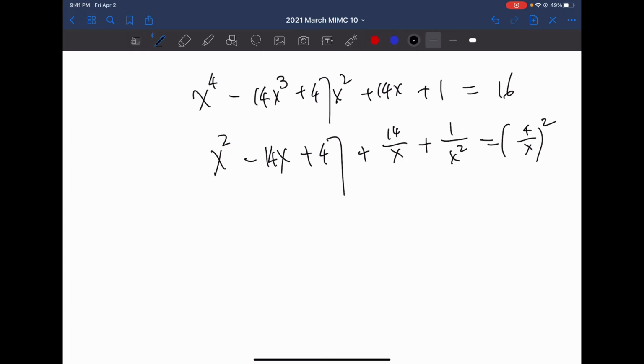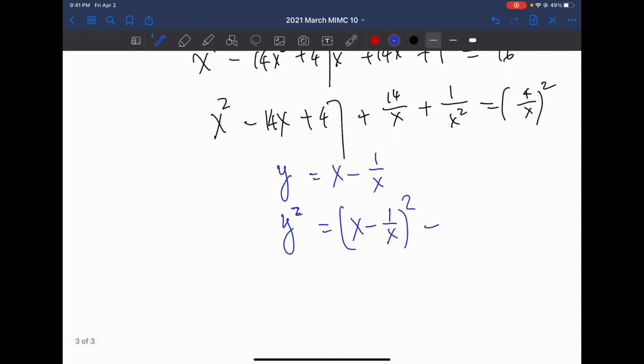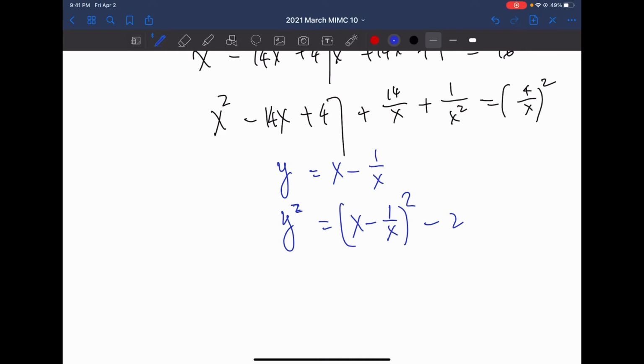You can exchange y to be x minus 1 over x, so that y squared will be that squared, which is x squared minus 2 plus 1 over x squared.